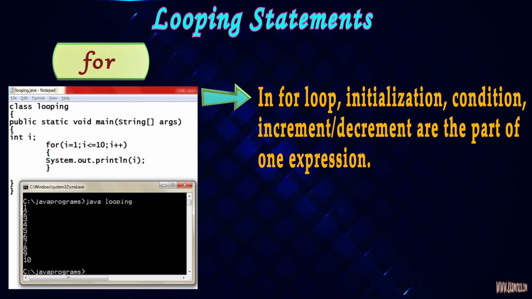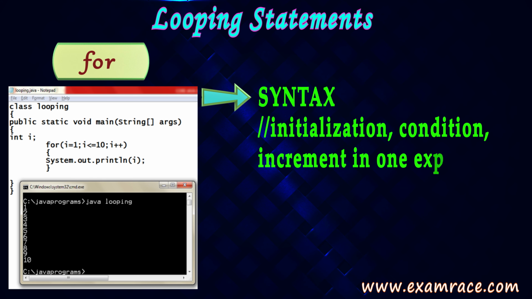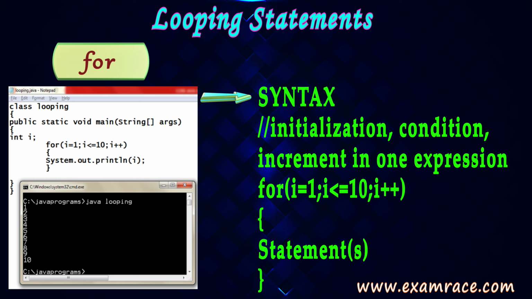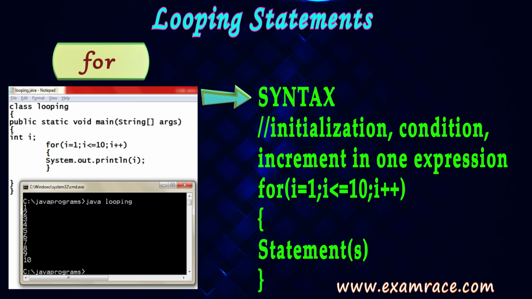We can give these statements inside the body also, but this is the most suitable syntax. We can check the output also. It is just printing the values from 1 to 10. After the value of I is incremented past 10, it will not execute. If the value of I is 11, then the statement will not be executed. This will be the end of the program.